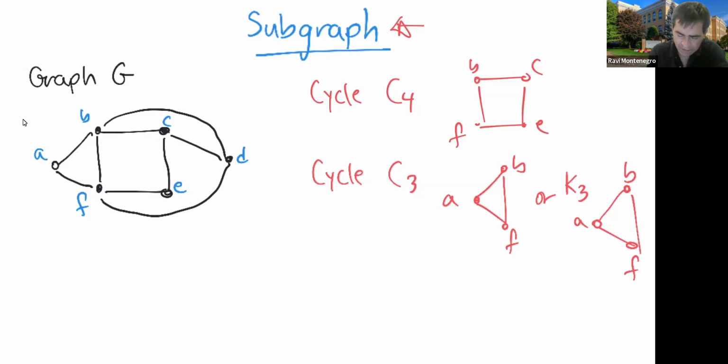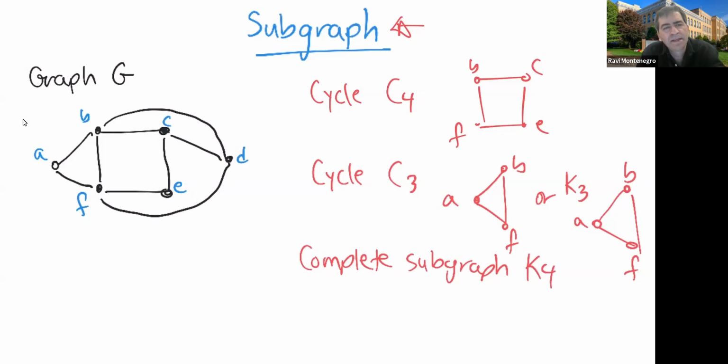Now, I picked this graph so that it has another complete graph in it. It has a complete subgraph, K4. And you might want to think about this one for a minute.